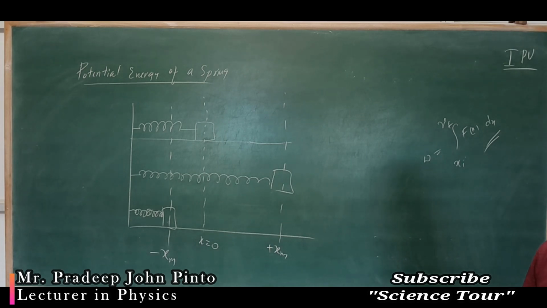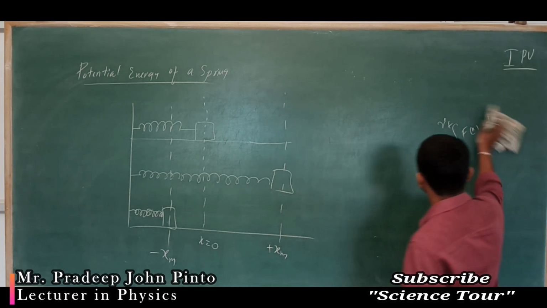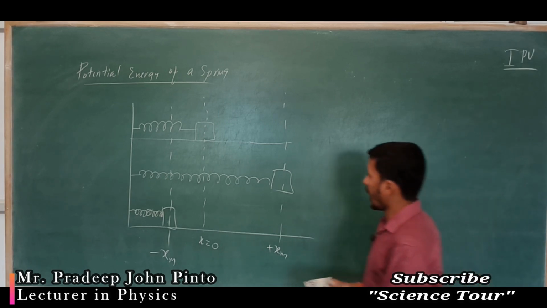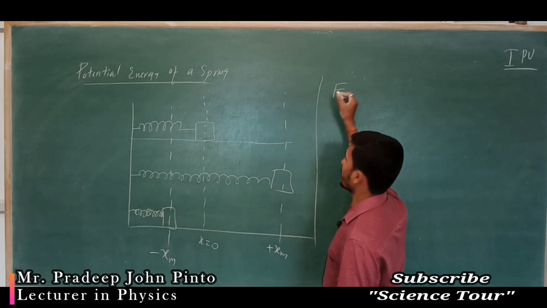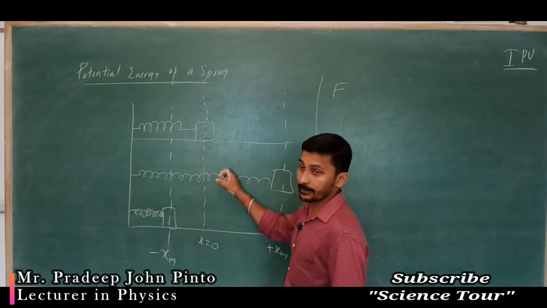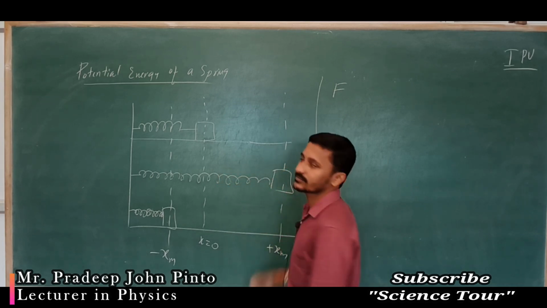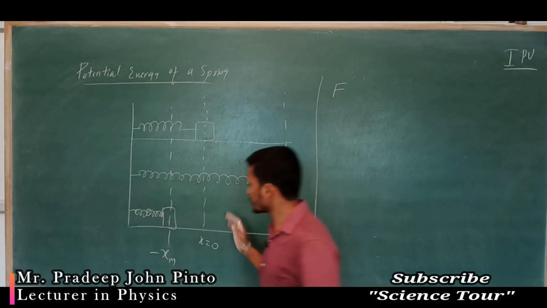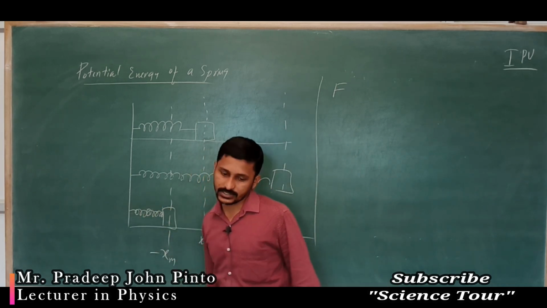Now there is a spring force. You have to remember this: the spring force is a variable force. The same force you are not going to apply here, you will apply a little more and more, and a little more when it is compressing.